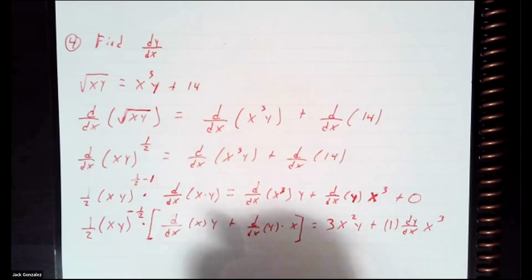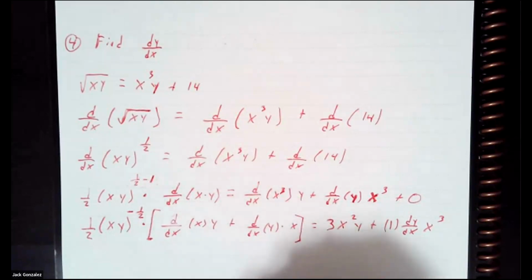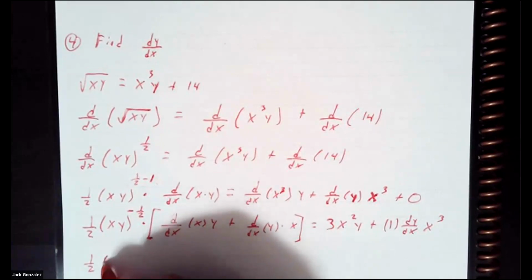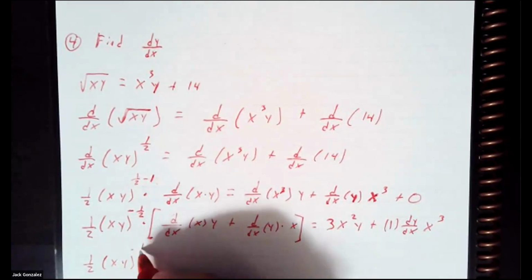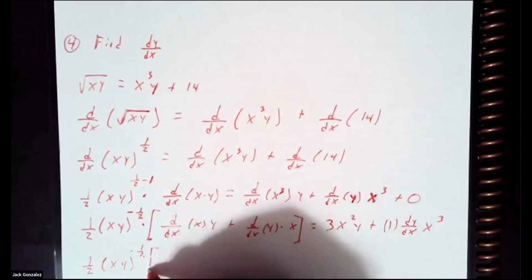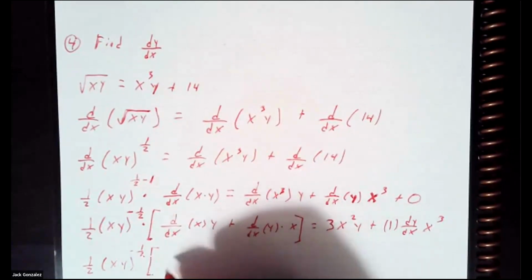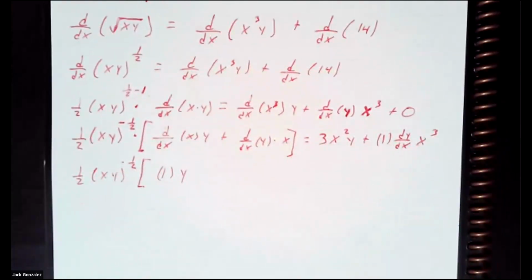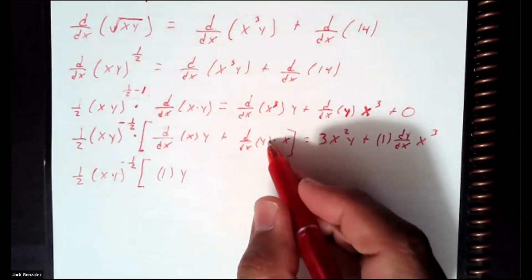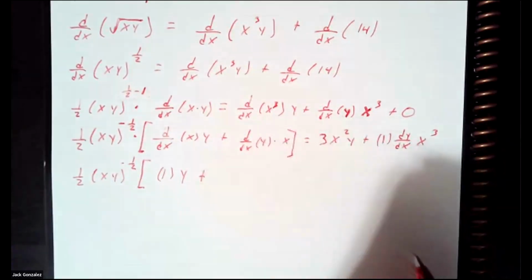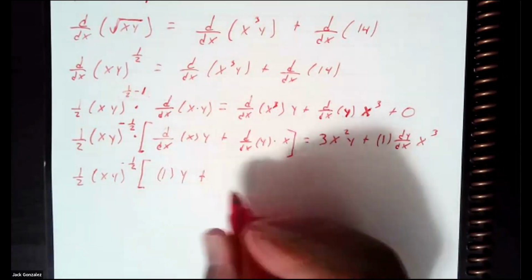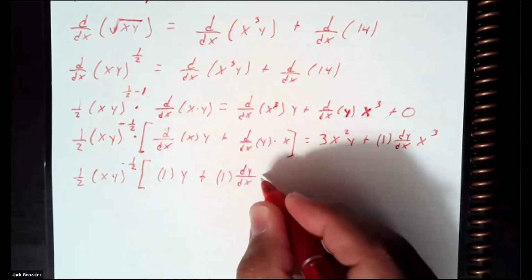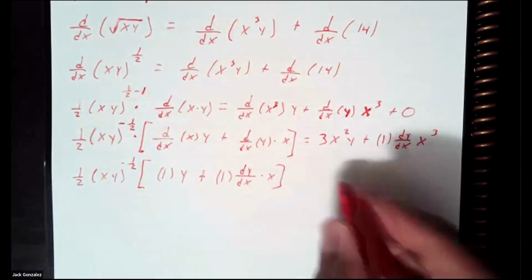Okay, so now let's keep on going. So this will become the derivative of x is 1, right? Professor, I can't see it. Oh, sorry. Thank you. The derivative of y, what is that going to be? 1, times dy dx, right? Equals 2.